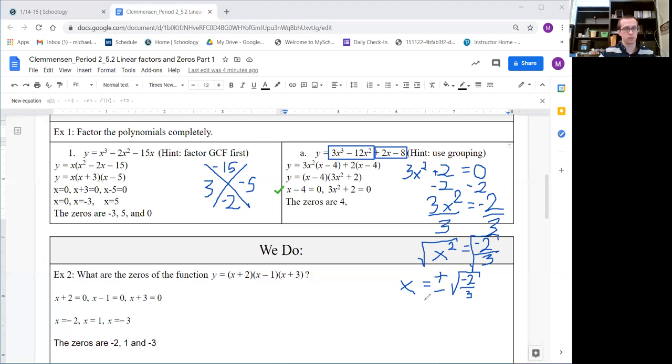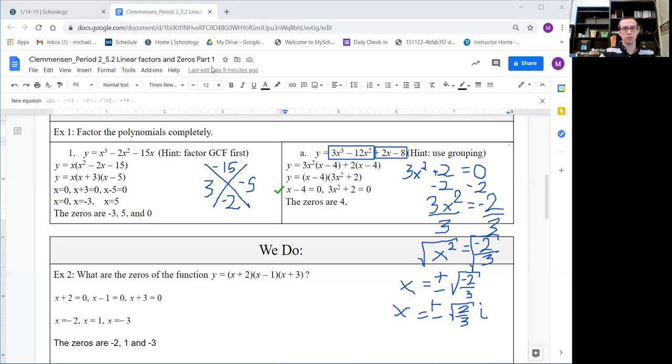All right, there's one more answer. I'll take that. X equals plus or minus, and then whenever I have a negative in there, I can change it to a special thing called an i, our imaginary number, the square root of 2/3 i. Right? So whenever I have that negative inside of a square root, I can change it to an i.